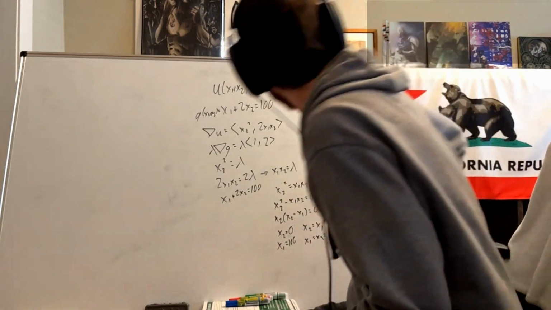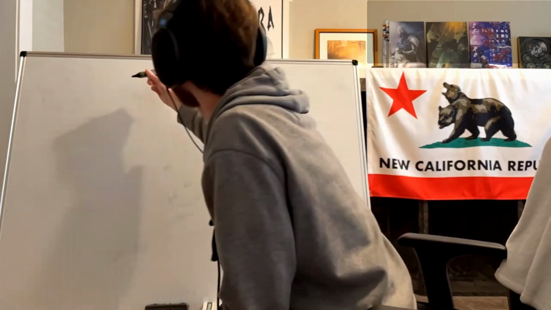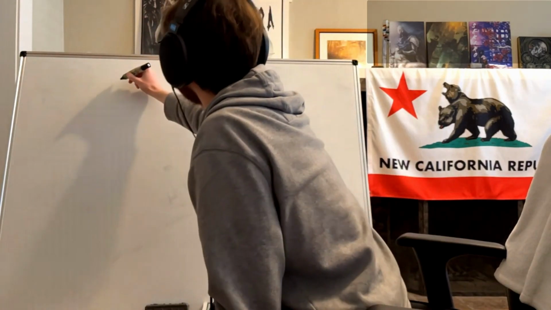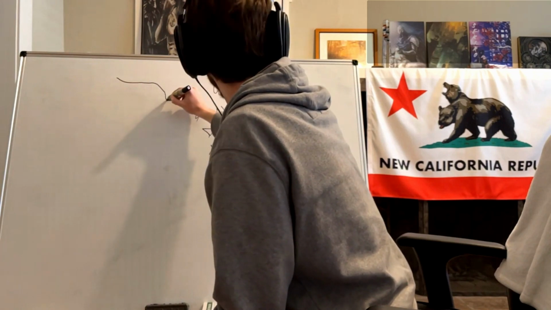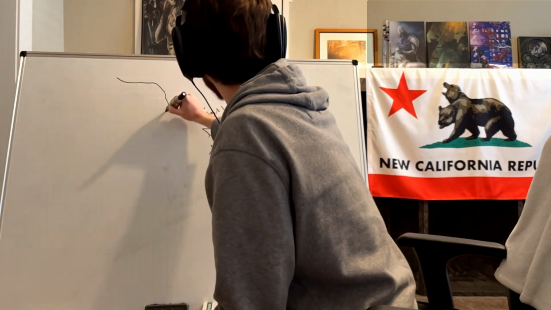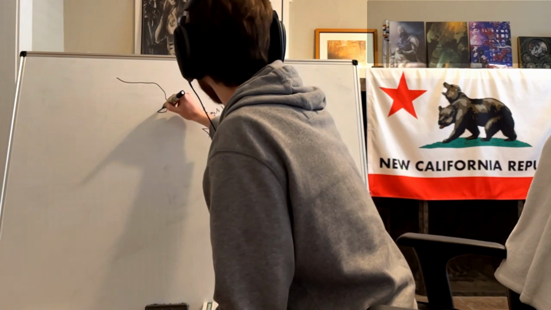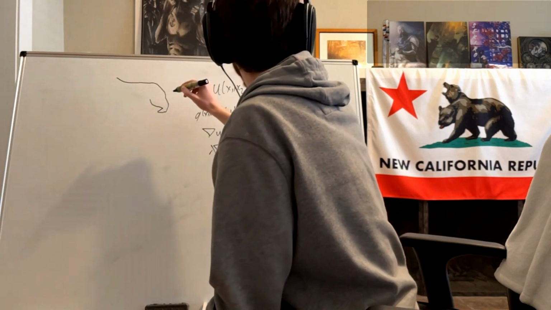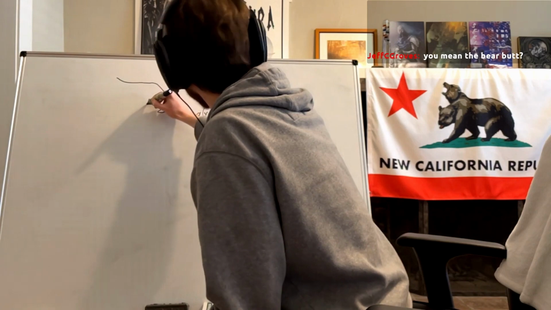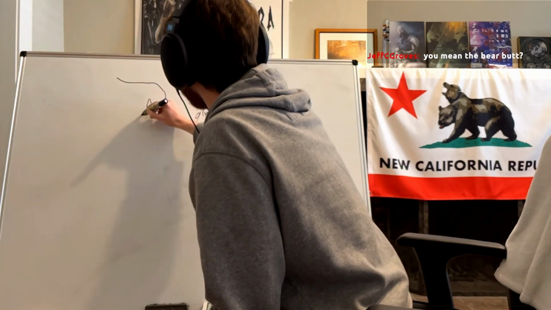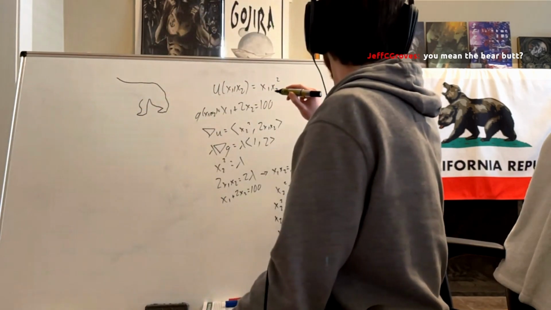Okay, let's start with the back. The back is probably the easiest. Draw that booty. Well, he's got some thick thighs, this bear. Okay.